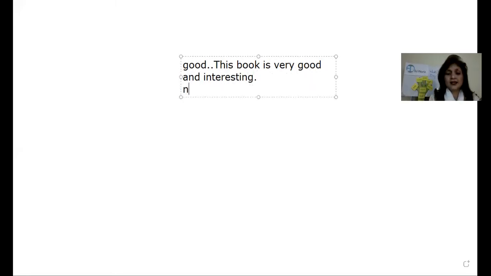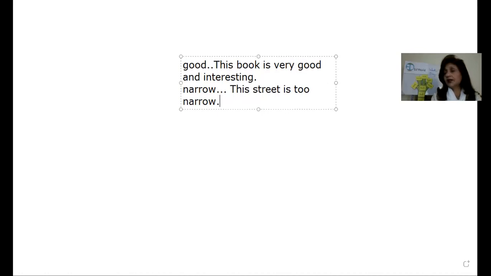Next is narrow. This street is too narrow. Yes? Okay.